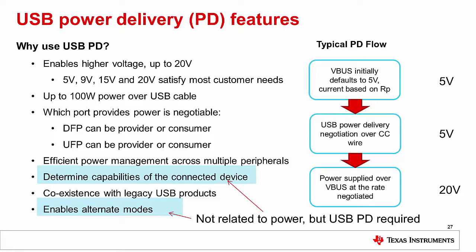And this is built in to the USB power delivery negotiations. It has efficient power management mechanisms built in to allow managing power across multiple peripherals. It has messaging, which allows for determining the capabilities of a connected device.